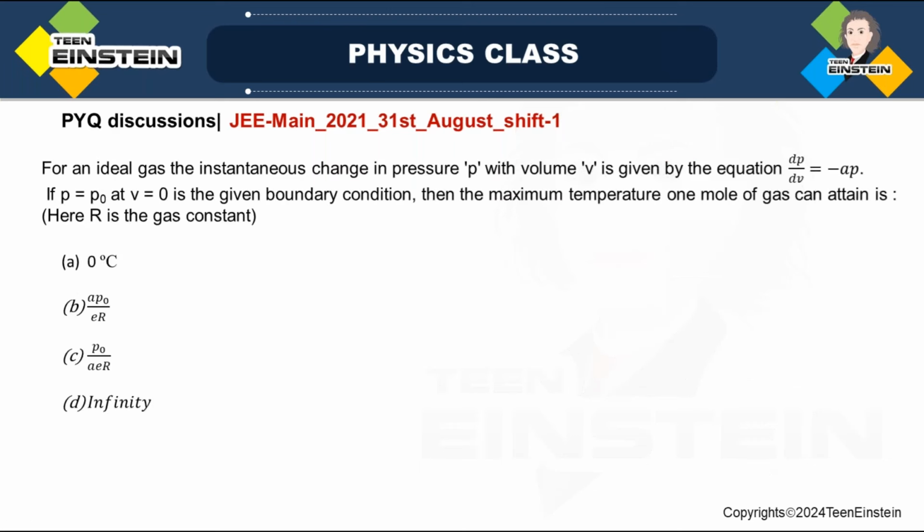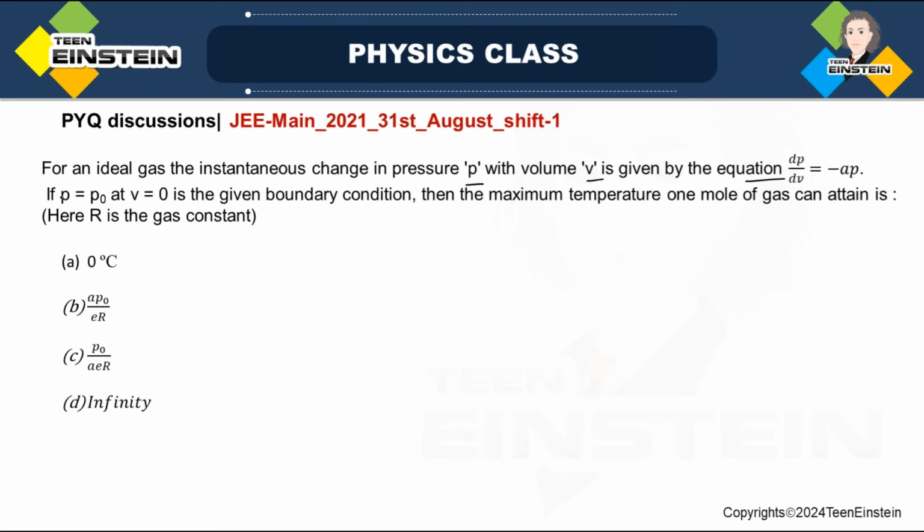Okay, now we have got another problem. This is for an ideal gas. The instantaneous change in pressure P with volume V is given by this equation, dP by dV is equal to minus AP. So A you have to take as a constant over here, and P is the instantaneous pressure.